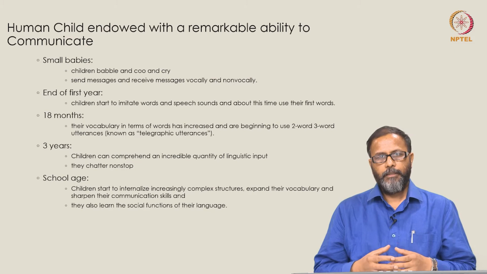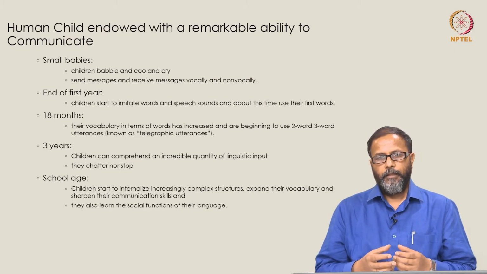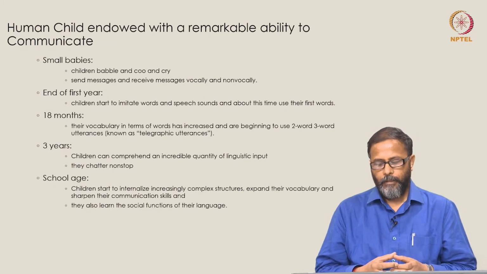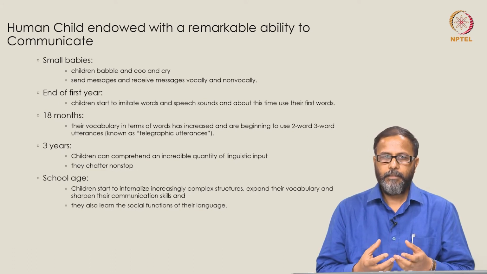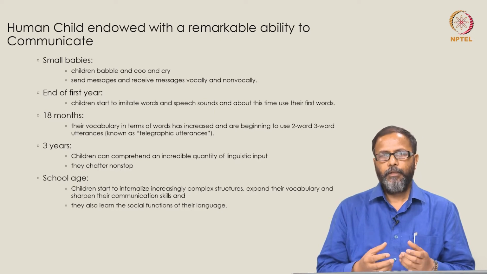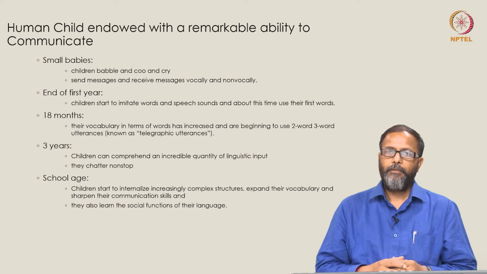By the time they reach 18 months of age, their vocabulary increases exponentially and they start 2-word, 3-word utterances, which are also known as telegraphic messages. So they don't have complete sentences, but they start doing 2-word, 3-word utterances.